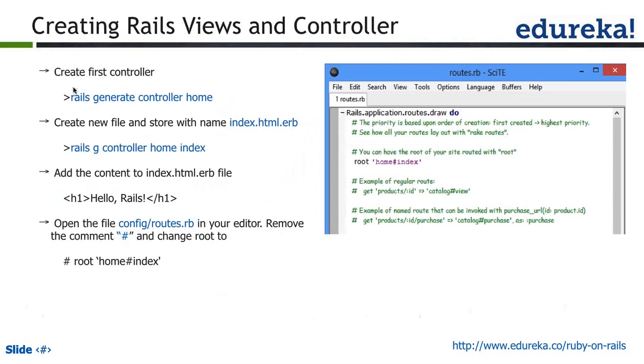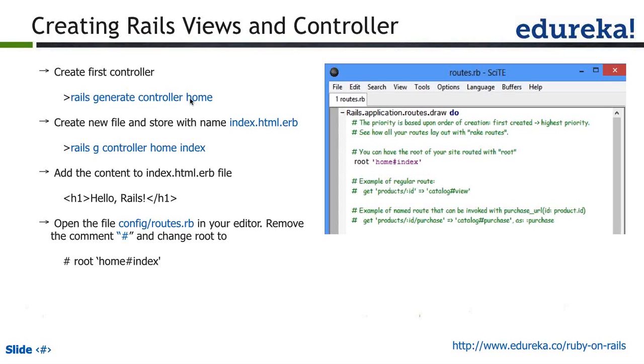So this is another way of creating the controller. So we did it by hand, right? So we created the file and then put the code there, but you can also do it using a helper or a command line functionality provided by Rails, where you just say rails generate controller home, and it will create an empty home controller for you.